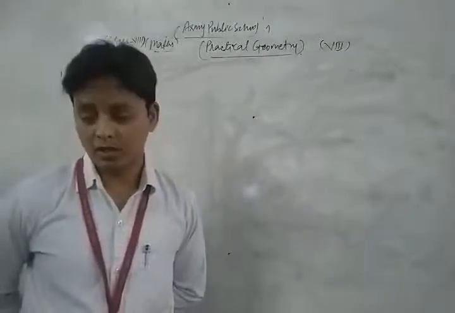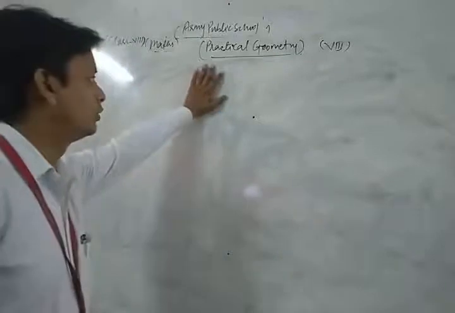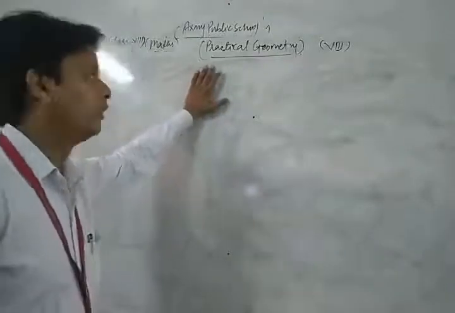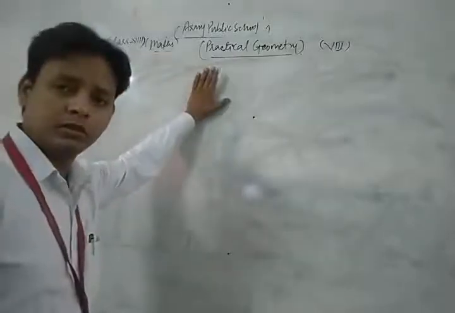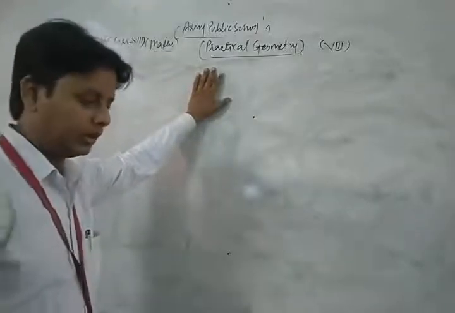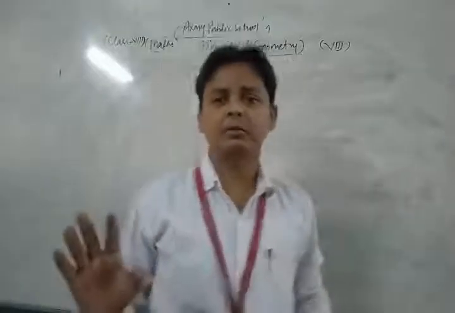Okay dear students, now in this class we are going to start a very important chapter of your syllabus, which is Practical Geometry. Dear students, this is a very interesting and easy chapter.